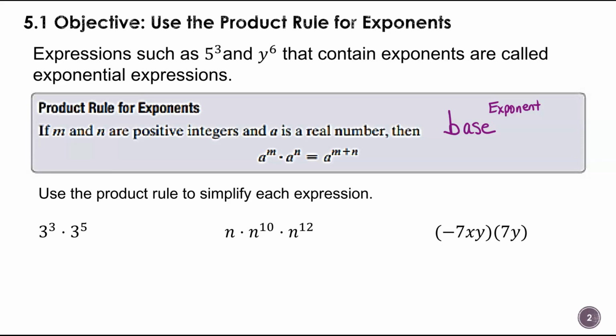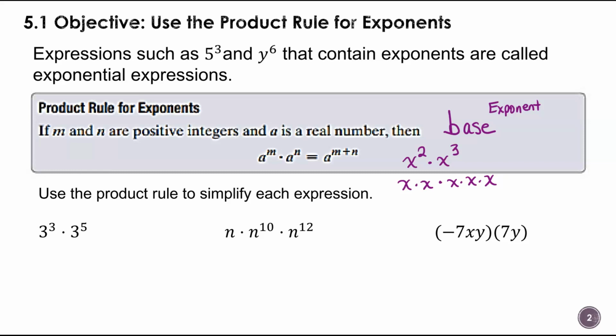So let's say that we were taking x to the second times x to the third. Well, that's a total of 5. X is there 5 times, right? Because if I wrote this out in expanded form, x times x, there's my x squared, and then x times x times x, there's my x to the third.